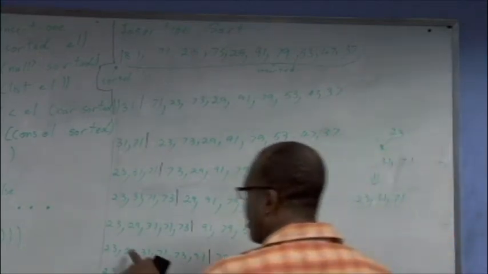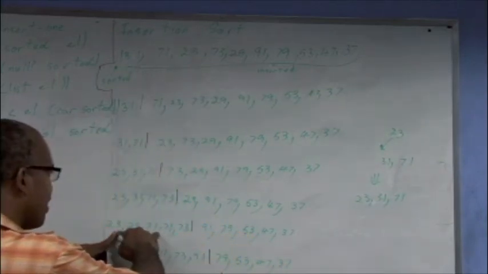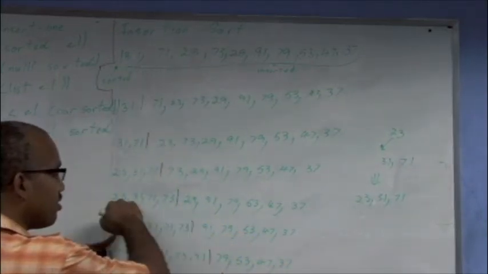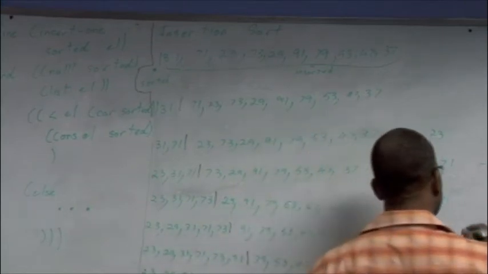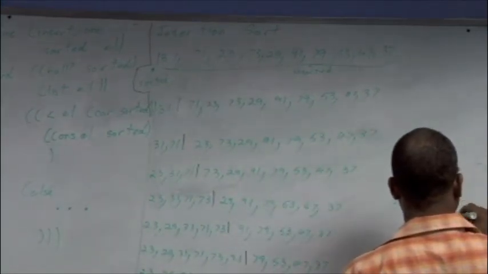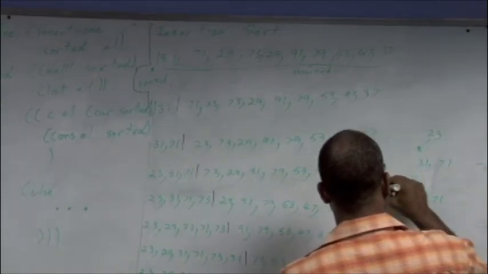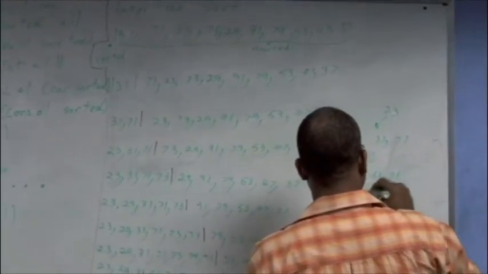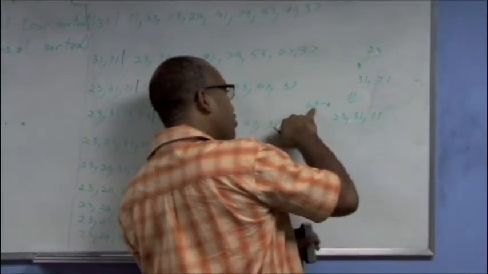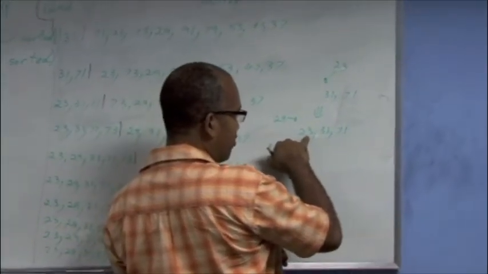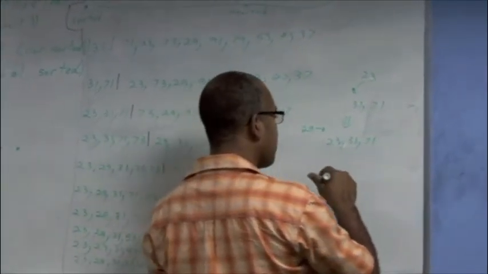We're going to insert 29 into this list. So 29 is coming in. We've checked to see that 29 is not less than that, so we won't tag it on in front.